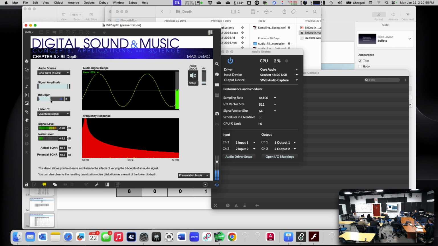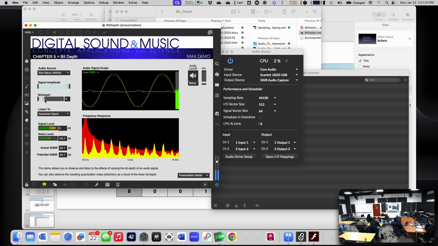And that's okay for now, but what happens if I start getting lower? Now I'm at 4 bits. Now my range is only 24 dB. And you're now hearing something, aren't you? What you're hearing is the quantization error, because you can start to see it here.